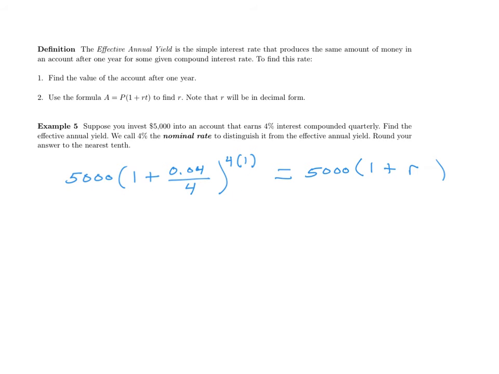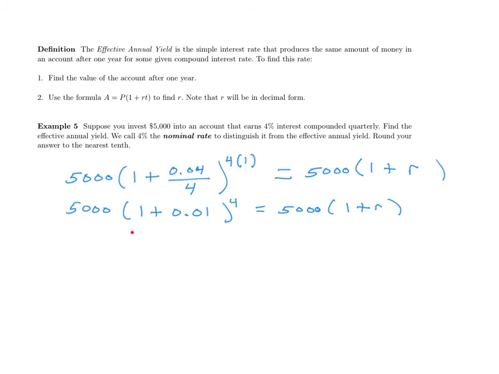On the left, I can write this as 5,000 times (1 plus 0.01) to the power of 4. So 4 goes into 4 0.01 times; 4 times 1 is 4. And on this side, I'll just leave it as 5,000 times (1 plus r).